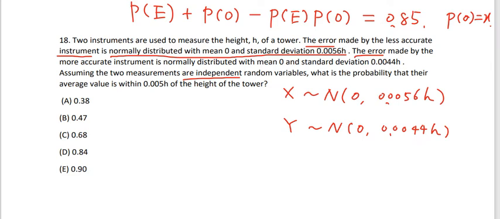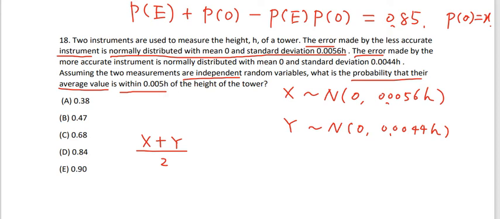So what is the probability that the average value, which is X plus Y divided by 2, is within 0.005 h?